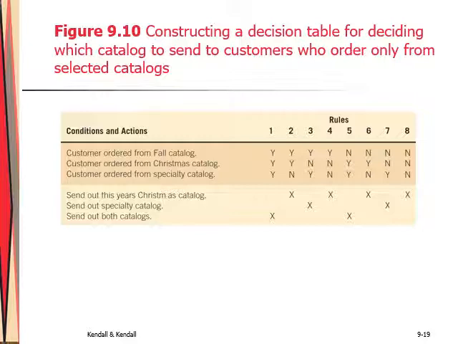Then we find out whether to send out the Christmas catalog. For Christmas we mark a cross where it does not follow. Then we send out the special catalog, marked accordingly. Then we send out both catalogs, and mark that as well.